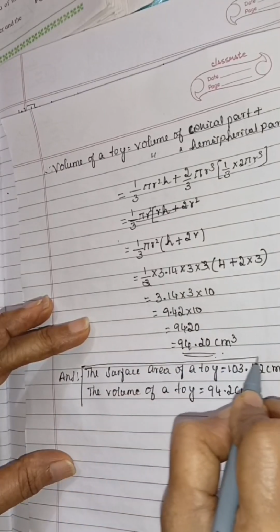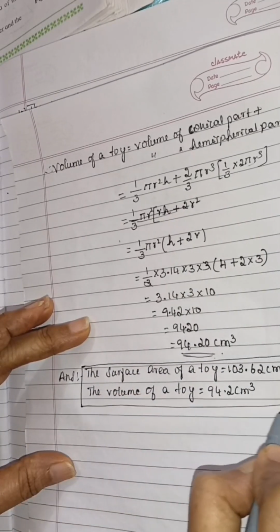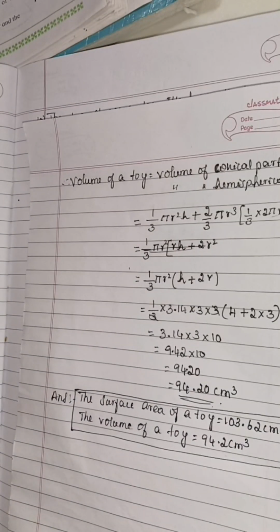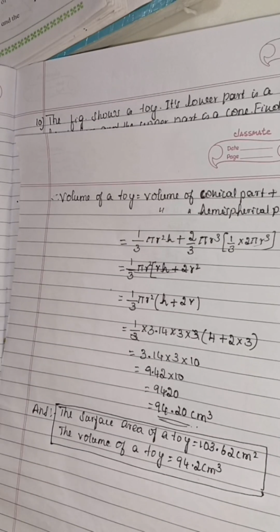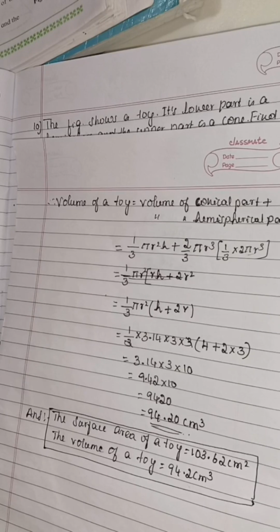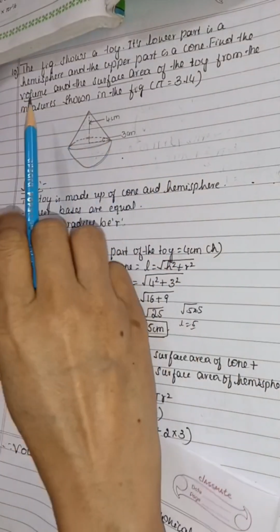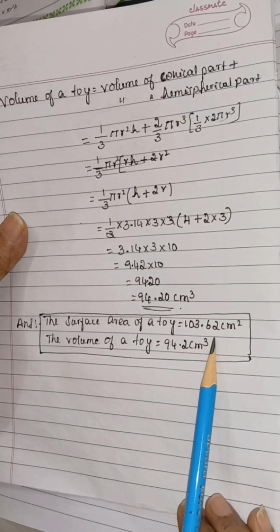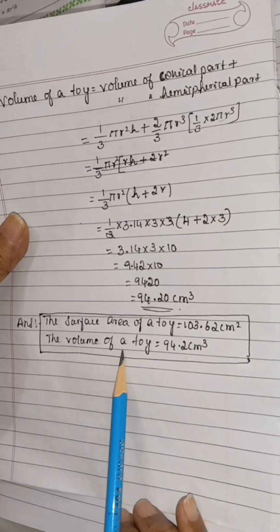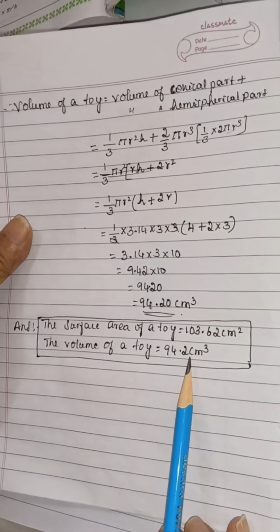This is a 4-mark question. Easy one, but you have to remember, you should know the formulae. Then it's very easy. So this is question number 10 now. The surface area of a toy is 103.62 square centimeter and the volume of a toy is 94.2 cubic centimeter.